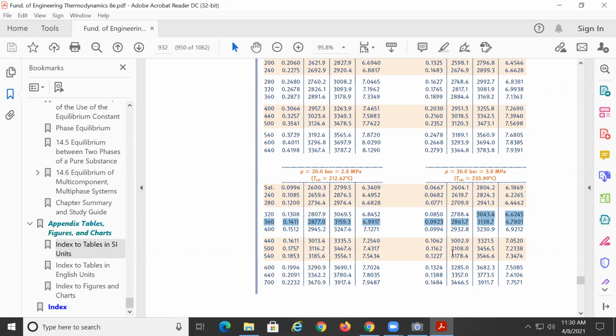H sub B, 3,138.7. S sub A, 6.6245. And S sub B, 6.7801.